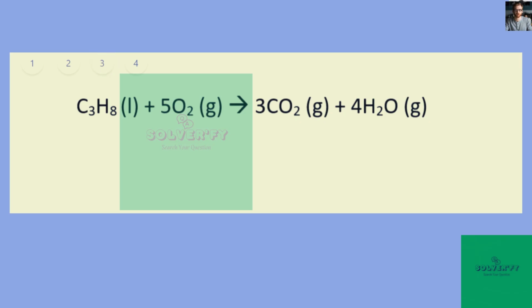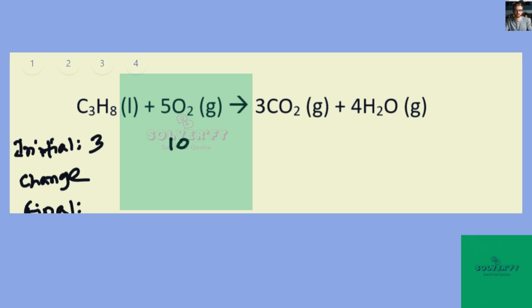So if we write down the number of each reactant and product we have, this is initial, change, and final. Initially, from the picture we can see we have 3 propane and we have 10 oxygen, and initially we don't have any carbon dioxide or water. That means that will be 0.